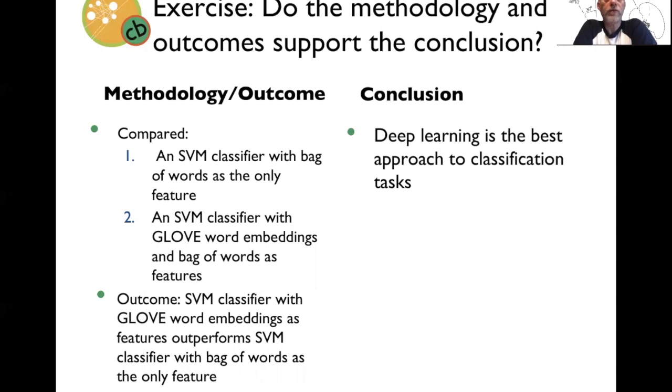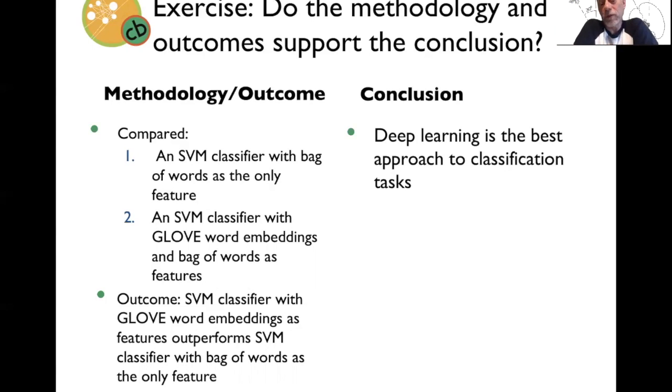The paper's methodology is to compare a machine learning classifier called a support vector machine with one kind of feature called a bag of words. And if you don't know what any of this means, that's going to be relevant. You'll see.